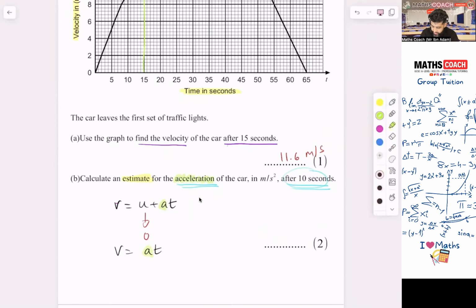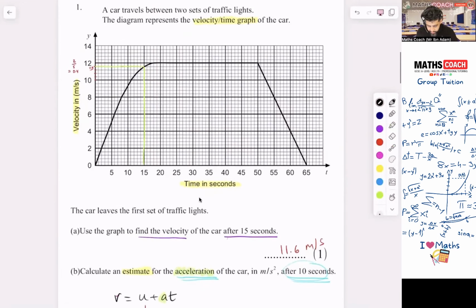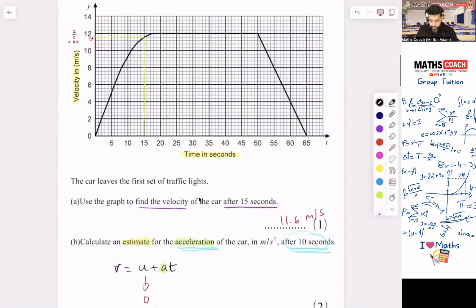And then if you want to make a the subject, what is it that you do? A is equal to velocity divided by time, okay? Velocity divided by time. So to find the acceleration, you need to do velocity divided by time. So how do we do that? What is that? That is showing us that velocity divided by time is actually the measurement of gradient, the rate of change of speed.